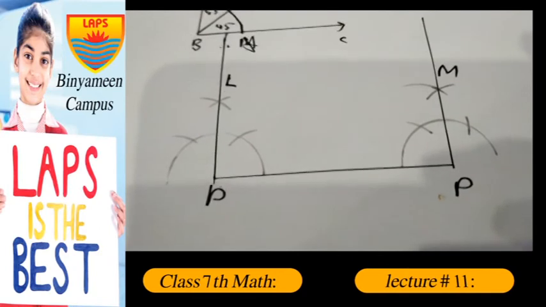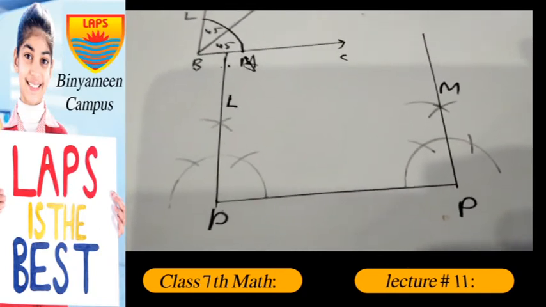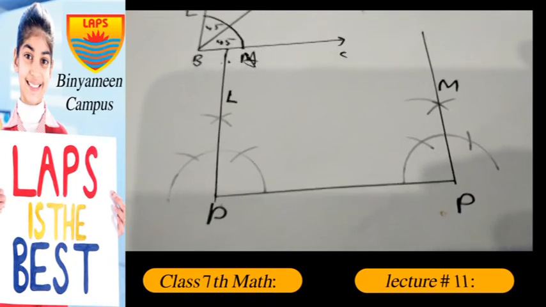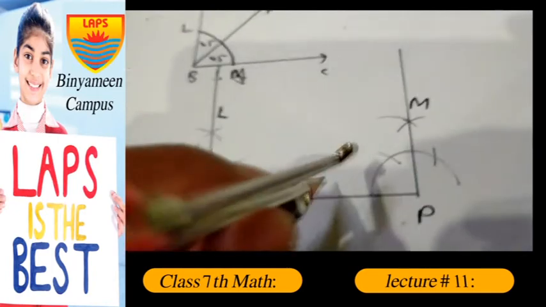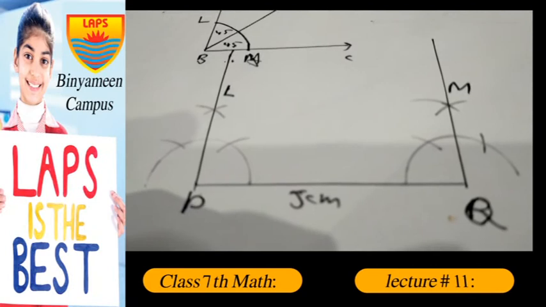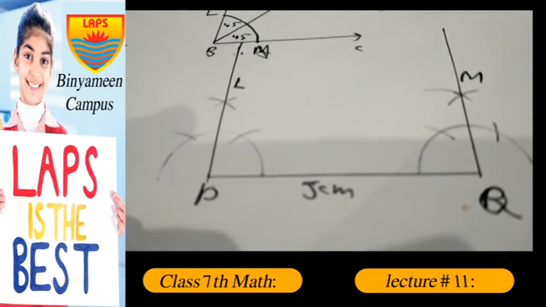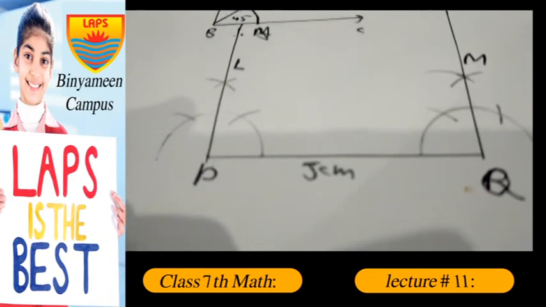Steps of construction. Draw a line segment PQ equal to 5 cm. Write the name, 5 cm. Take a length of 5 cm, PQ. Draw a line segment PQ equal to 5 cm. Step 1.